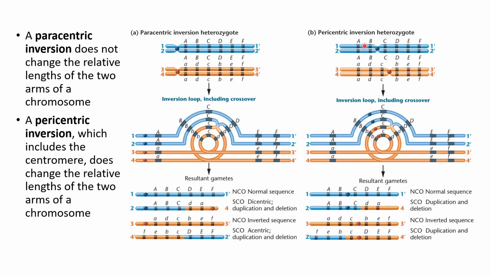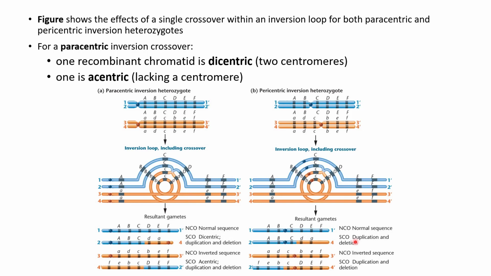So here we were like A, B, and then we had 4, and they were 3 and 3. So it doesn't result in a change in the arm lengths like we see over here, but we still retain centromeres on all chromosomes. Okay, so again, I talked about how we get on the paracentric, how we can be dicentric or acentric, and how you don't get that on the other type.